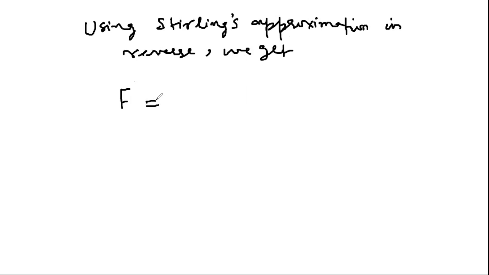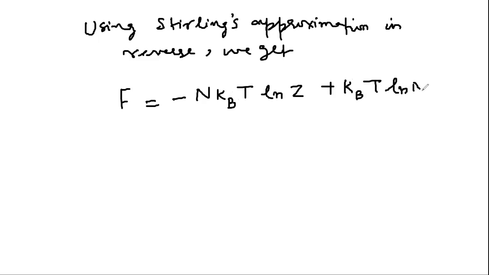F is equal to minus N kB T ln Z plus kB T ln N factorial. Let me encircle this as well.